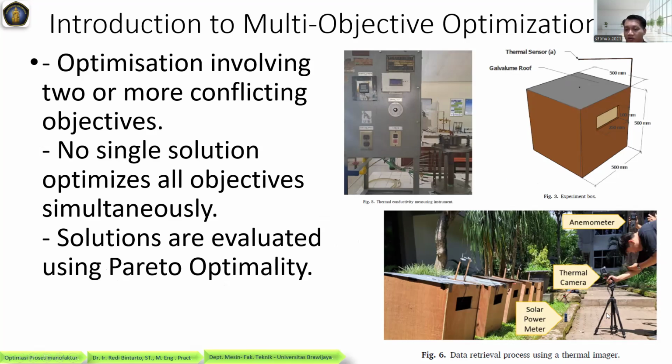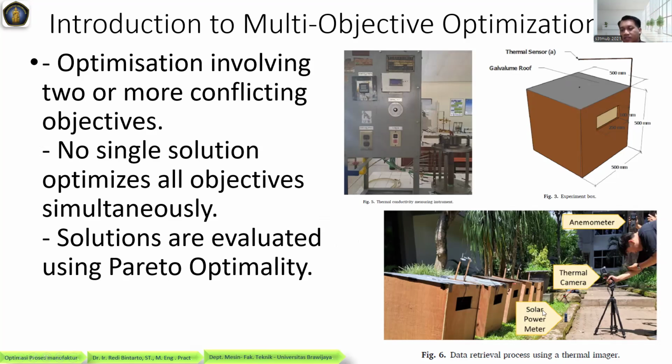And more conflicting objectives here, like wind speed and solar power. When we try to measure the solar power outside, it could be rising and decreasing.